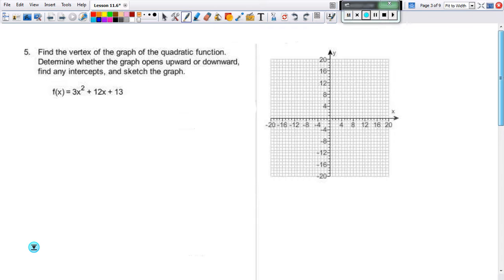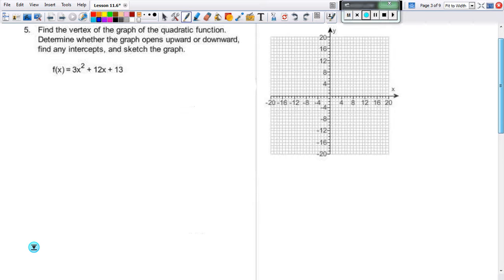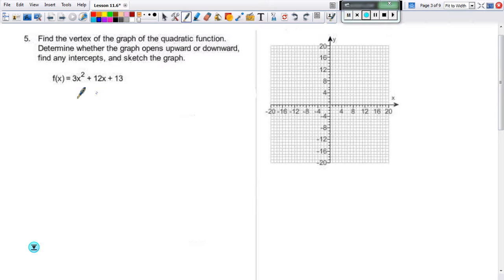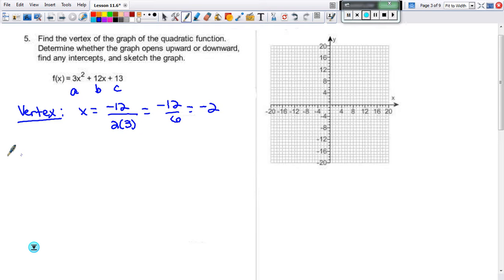Number 5, same thing. We've got some big old numbers on this one. A, B, and C. So the vertex, the x value of the vertex is the opposite of B, so the opposite of positive 12 is negative 12 over 2 times A. So that's negative 12 divided by 6, which is negative 2.